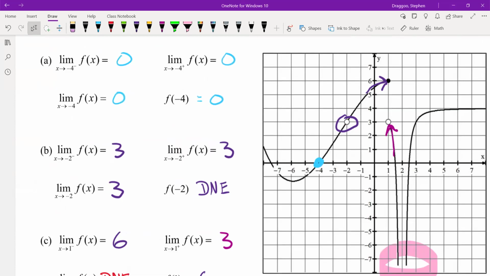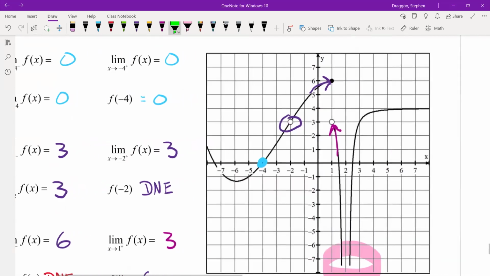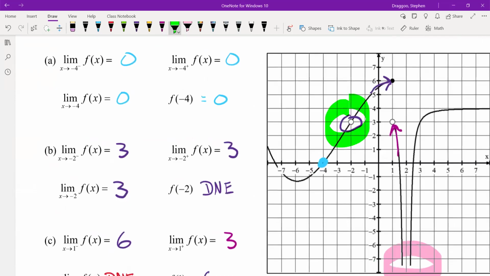Looking at this graph on the right, at the spot highlighted in purple, I can see that if x is -2, y is supposed to be 3. I can see the graph is all going to that point, but for whatever reason, I have a hole in the graph instead of having it filled in.